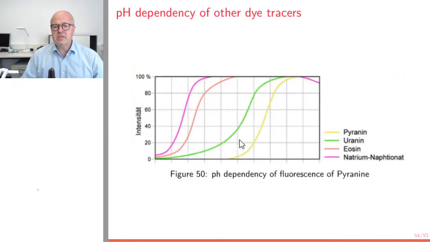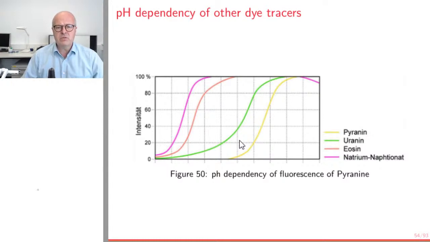Now, this is a summary, and we see the pH dependency of uranine, of eosine that I've just discussed, and in addition to that, pyronine and natrium naphthionate. Summary: the most pH dependent is pyronine. Be very careful when you use it.